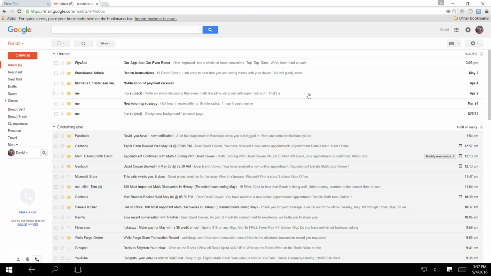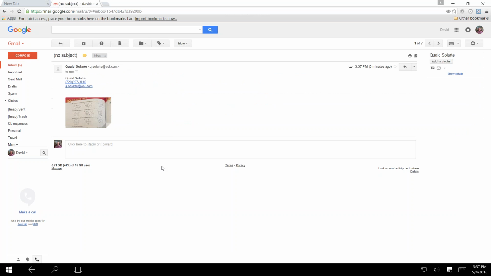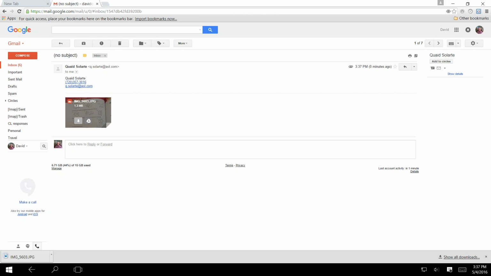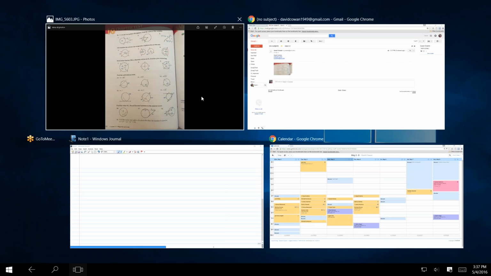It's slightly different, especially with an honors student. Is that right side up or upside down? I think that's upside down. I figured out how to rotate it, incidentally. Got to download it first. Oh, it was right side up all along. Okay, hold on.